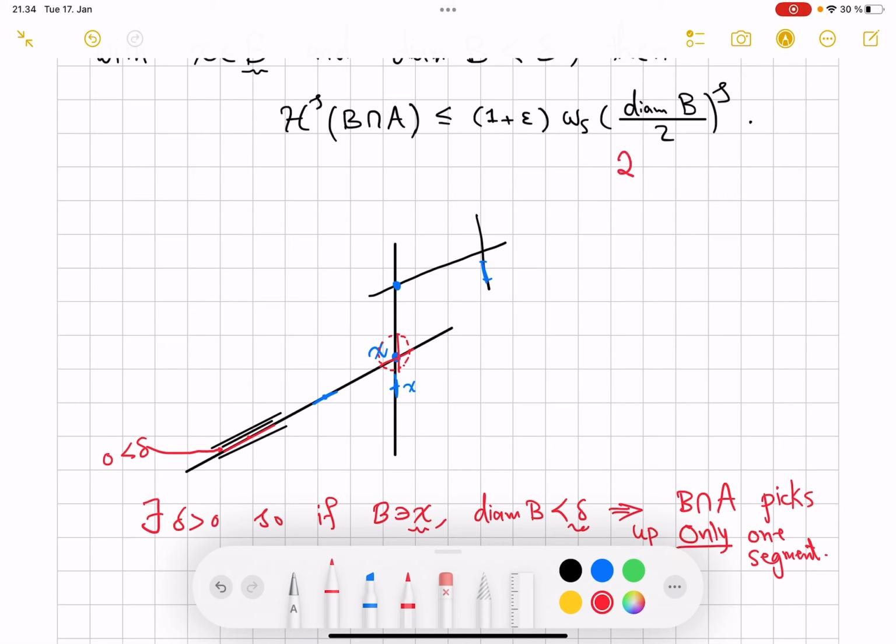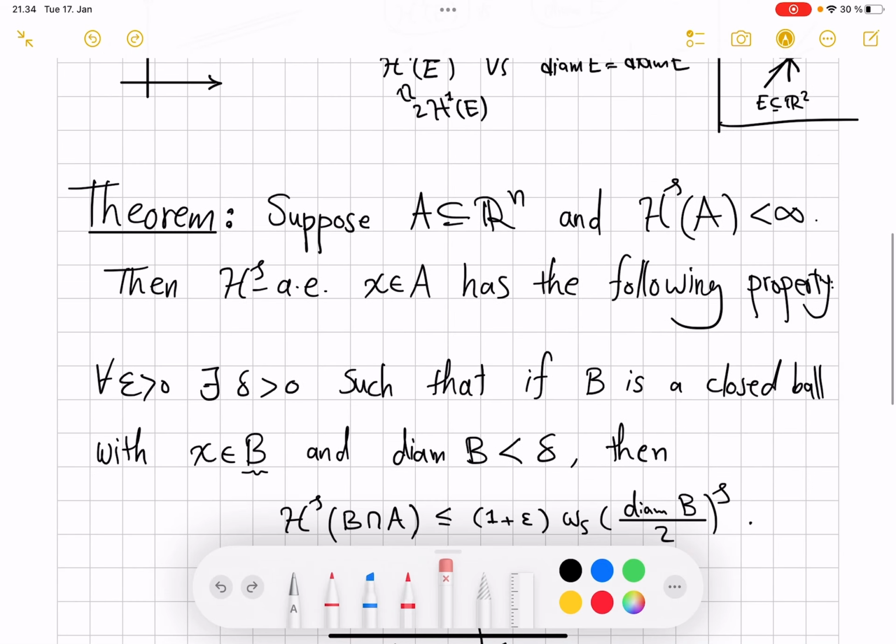So this is always twice. The H1 is twice this much, and the inequality will fail if you take epsilon smaller than 1. So these points are among those which you have to sacrifice.